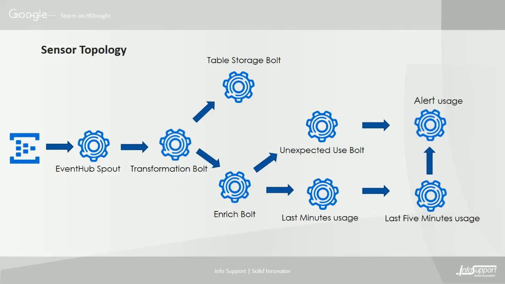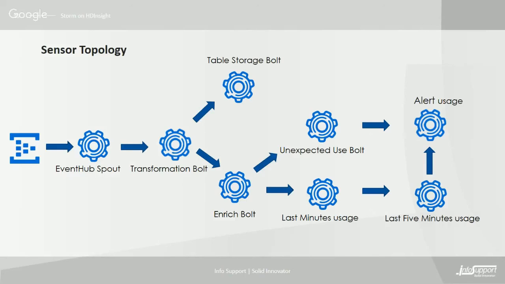Split again. There's the unexpected use bolt, because we're gathering all of that information about your typical usage, which means that after a while we'll be able to make predictions. I typically come home at 6 or 7 in the evening. Well, if my heating system turns on at 3 p.m., I know there's something wrong. Or well, it shouldn't be turning on.